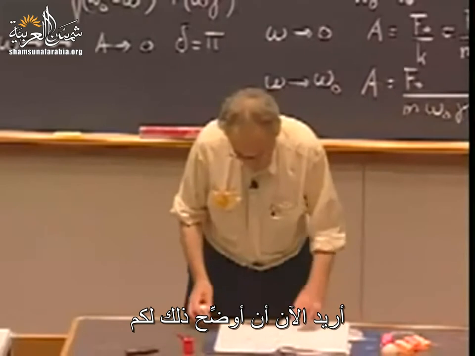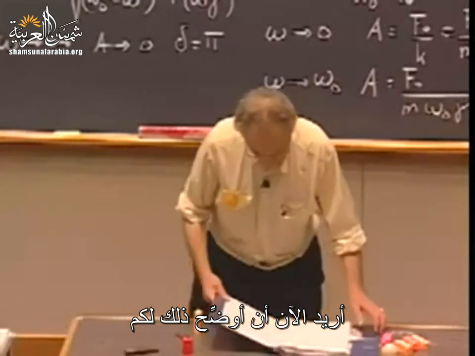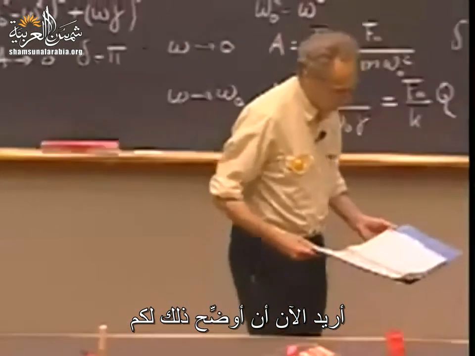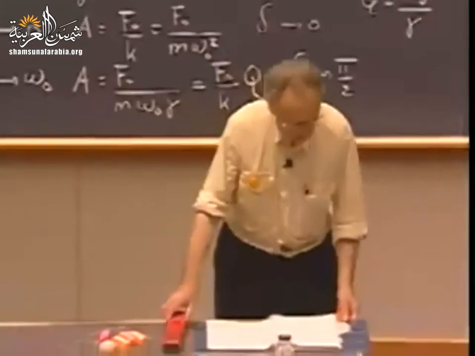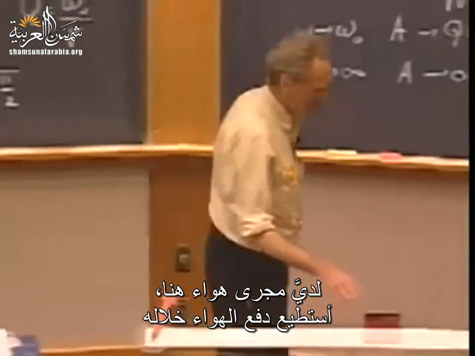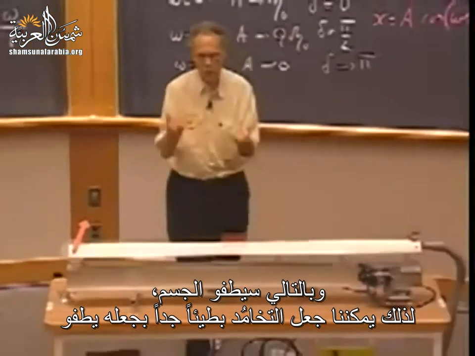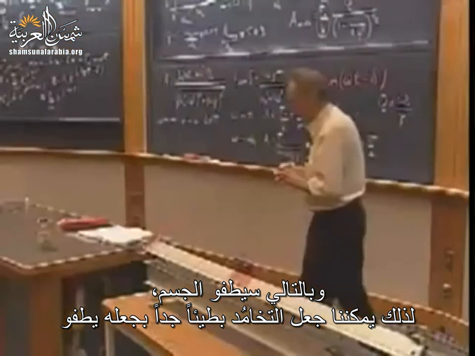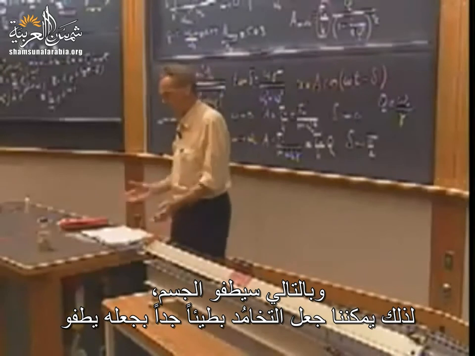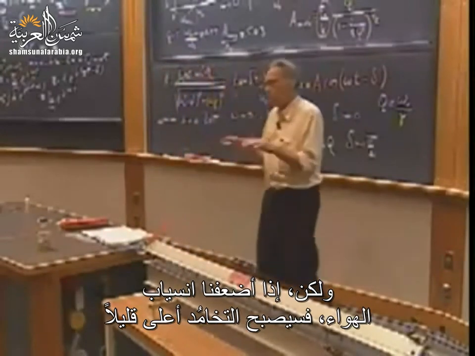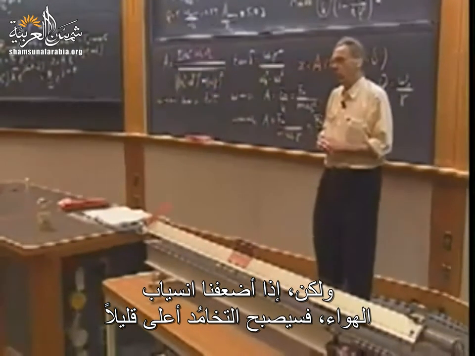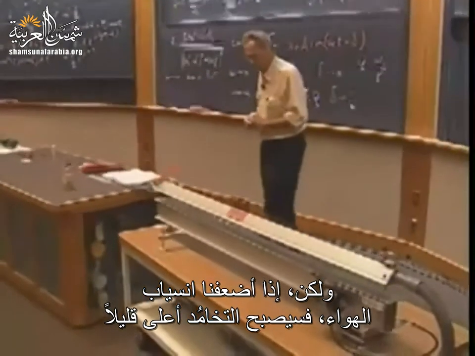And this now, I want to independently demonstrate to you. I have here an air track. I can blow out air so that the object here starts floating. So we can make the damping very small by making it float. But if we lower the airflow, the damping becomes a little higher.